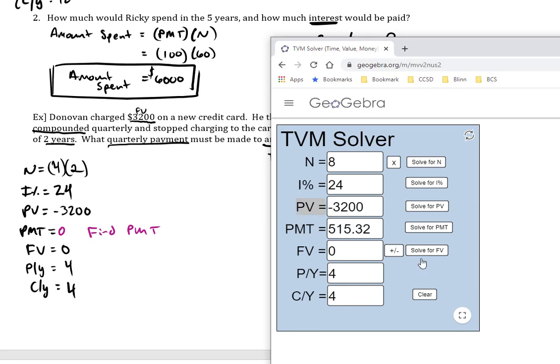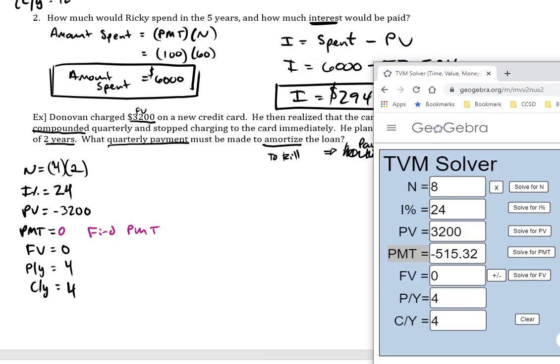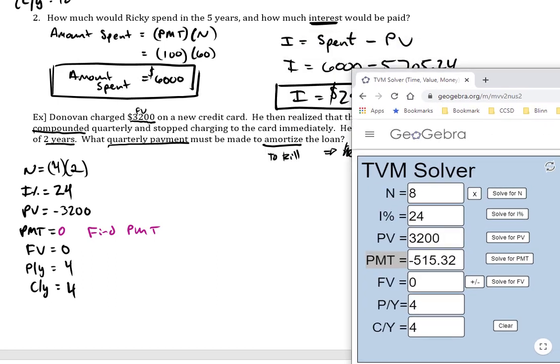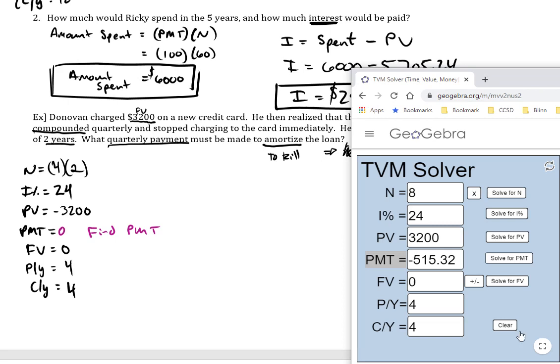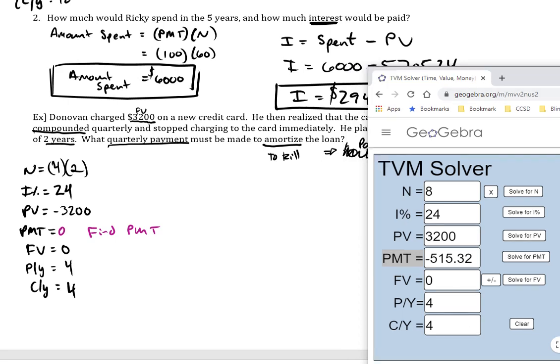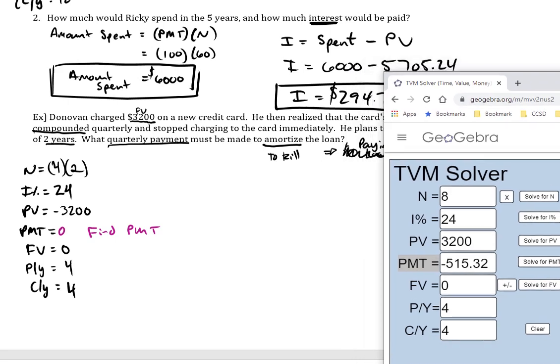There we go. And then just to show one more time, if I did choose the present value to be positive, then this is the same number except it's negative. And our answer, we would make it positive for a final answer, because we usually don't say it like that in words in real life. So we would say we would pay this $515 every quarter or whatever it is.